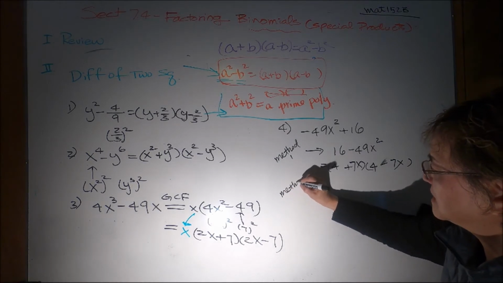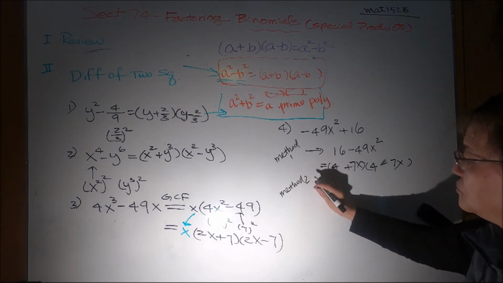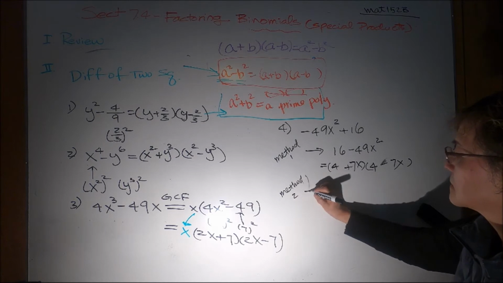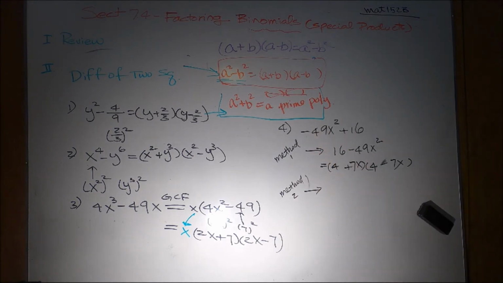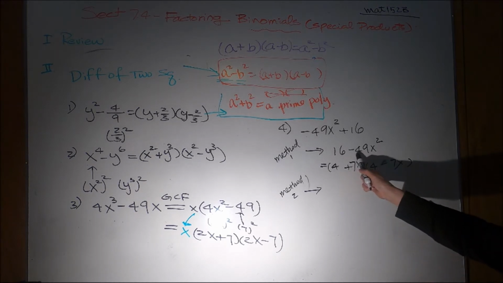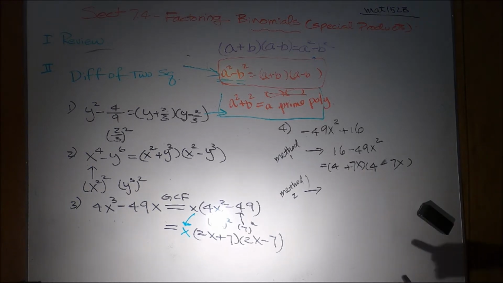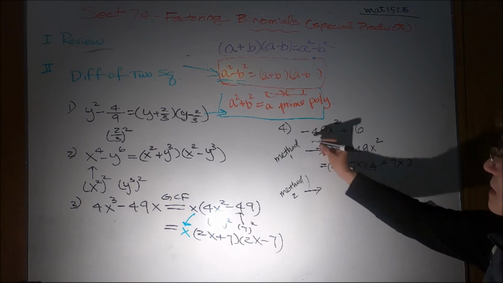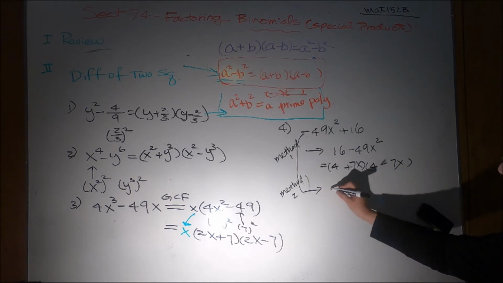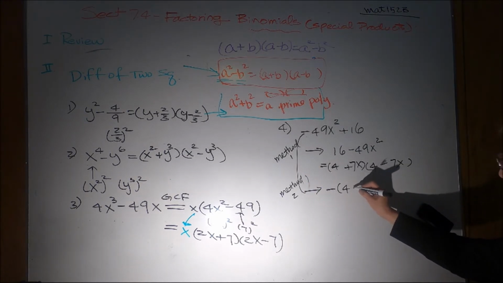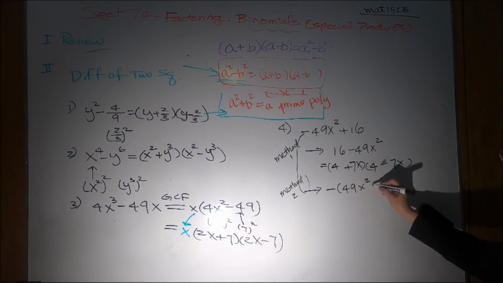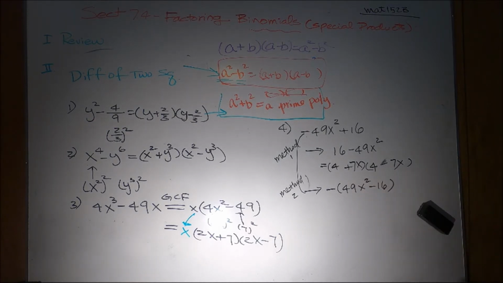Or you can have a method 2. Usually we do this way. You take a negative out because we write it in what? Standard form. This one is not a standard form. If I write a standard form from here to here, I will have what? Take a negative out. I will have a negative of 49x squared minus 16.